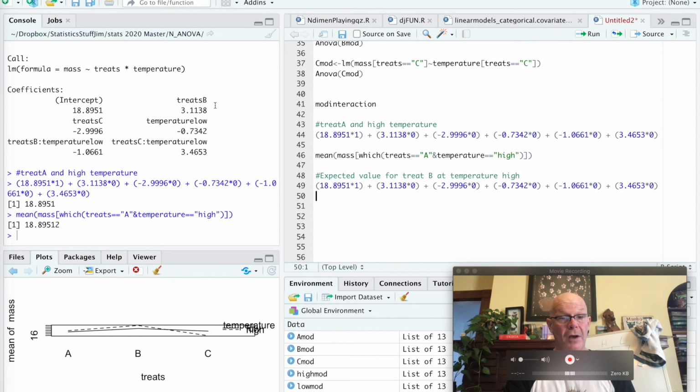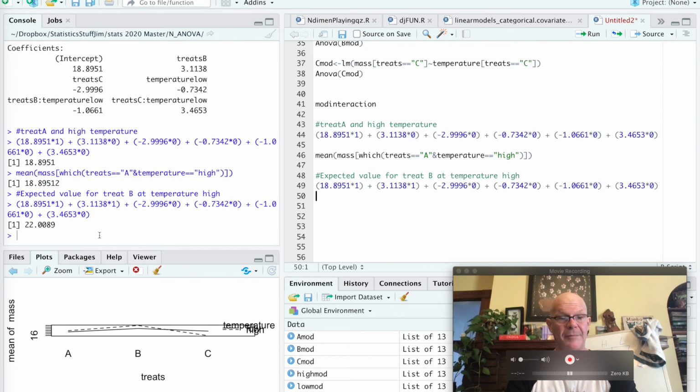So the toggle switch that I would turn on is the one that is associated with the slope for being in treatment B. So I would turn that on. This is for treatment C, so I would keep this one off. This is at temperature low, so I would keep that switch off. And both the interactions have to do with low temperatures, so both of those are turned off. And so that is the expected value that I have if I am in treatment B at a high temperature.